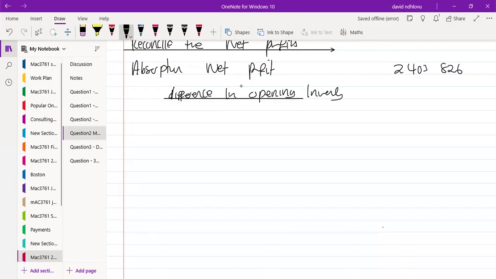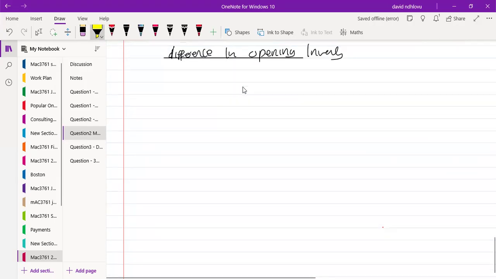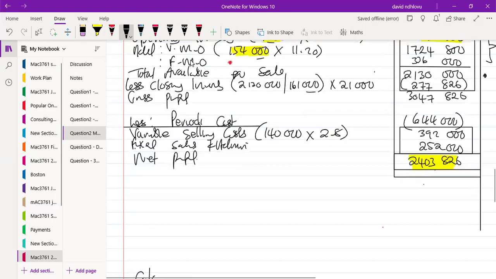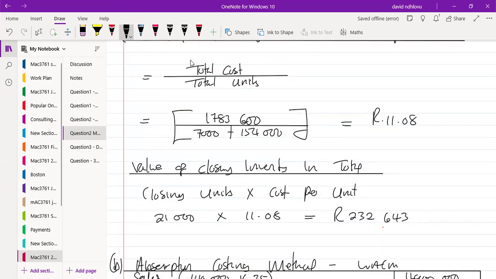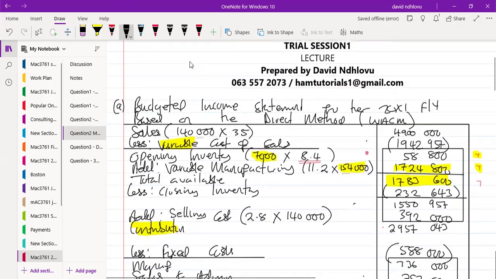in this way. When you go to absorption costing, our opening inventory value is 69,300. This is more than the opening inventory that we have for variable costing, for the mere fact that in absorption costing, we included the fixed manufacturing element, which we did not include here.